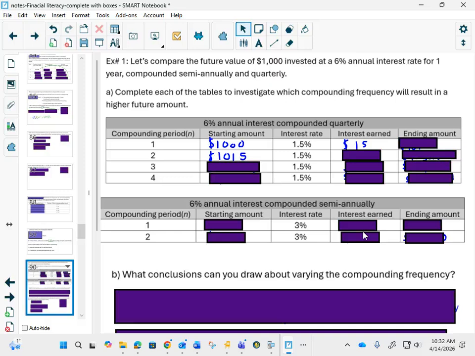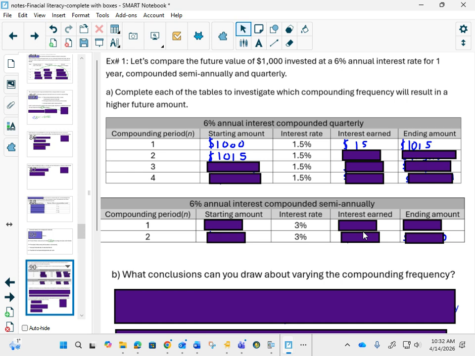So if your interest rate is 6%, it's divided by 4, and you're getting 1.5% each section. If your interest rate is 6% and you divide it into 2 sections, you get 3% here and 3% there. So you have 1,015 at the end of 3 months.